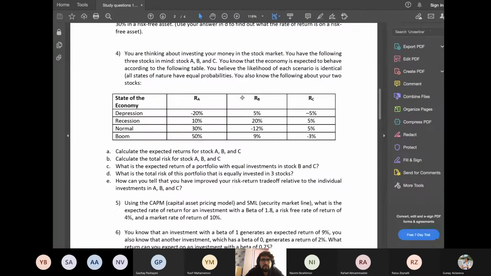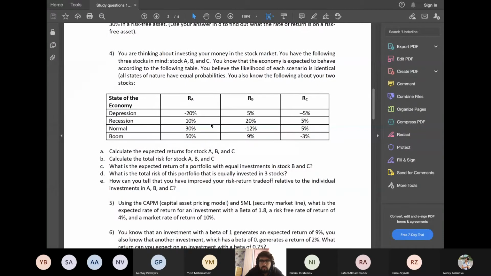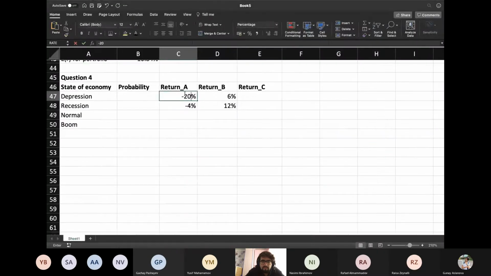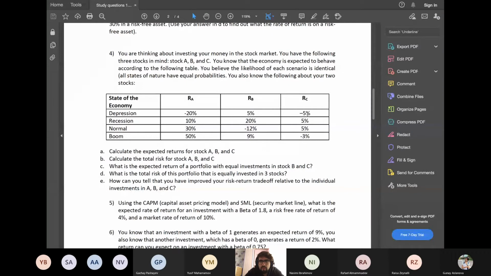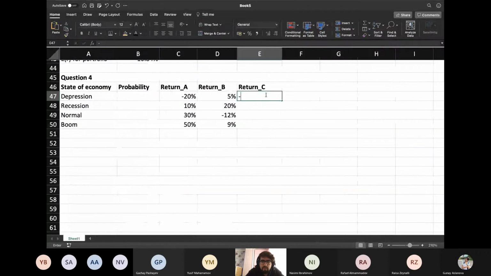Let me delete the probabilities. Minus 20%, 10%, 30%, 50%, 5%, 20%, minus 12%, and 9%. Okay. Minus 5, 5, minus 3. Minus 5, 5, 5, minus 3.